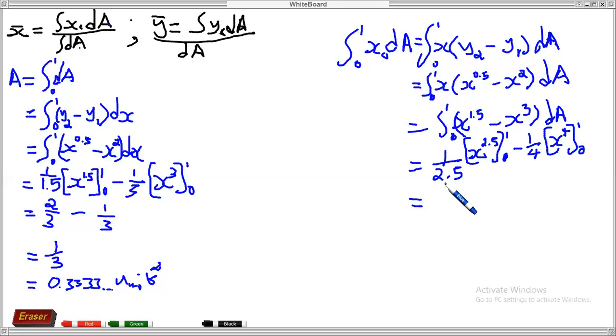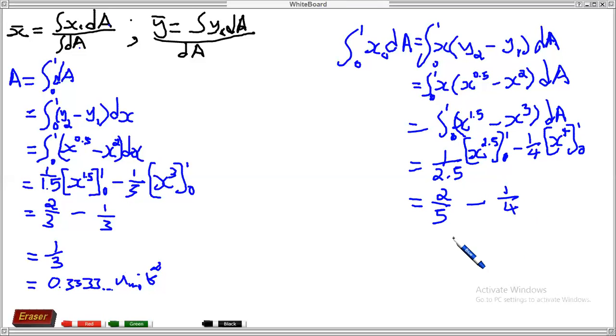Then if you put 1 here, this will just end up becoming 2 over 5, inverted. Then minus this side, this one will just become 1 over 4.